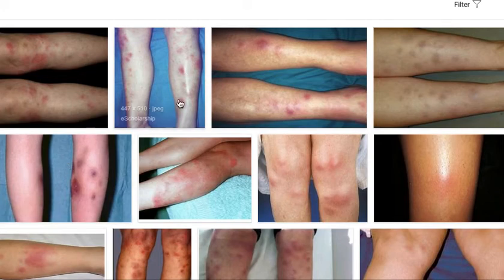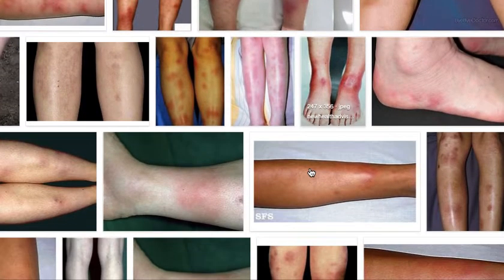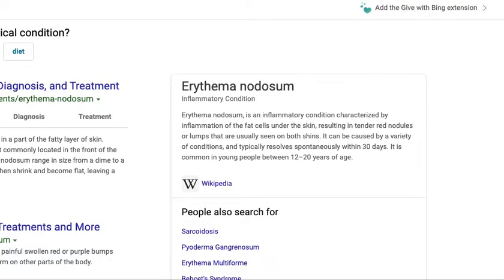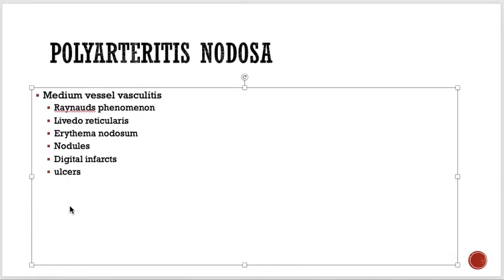See, it is mostly present on the legs, and it presents this way. And there is one more thing called erythema multiforme. Basically, this one is a painful type of lumpy rash, which is present mostly on the lower limbs.